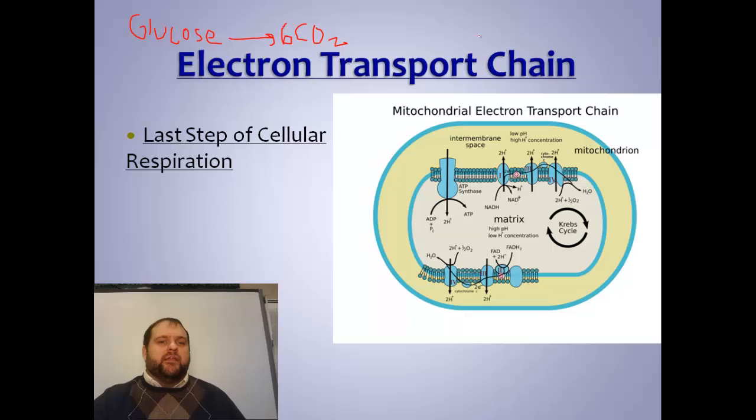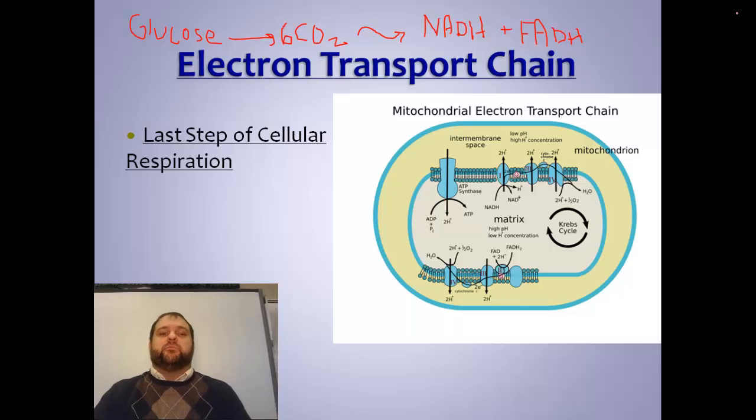And the other thing that we generated was a whole bunch of NADH and this other molecule called FADH. So we generated NADH and FADH by taking glucose and breaking it down to carbon dioxide.